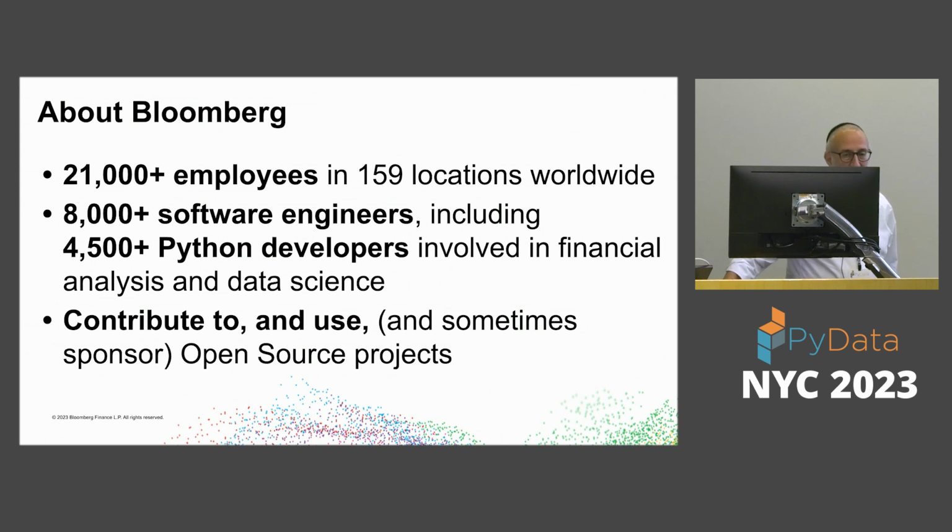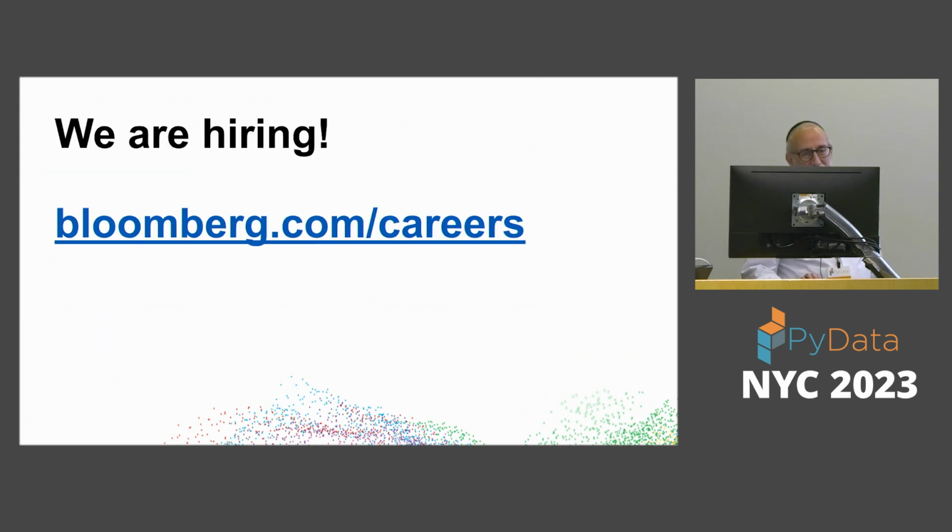There are about 4,500 engineers who are involved with Python. At Bloomberg, we contribute to, use, and sometimes sponsor open source projects, such as this one. And we are hiring. If you're interested, go to bloomberg.com/careers. We're also going to have a booth here tomorrow and the next day if you're interested.